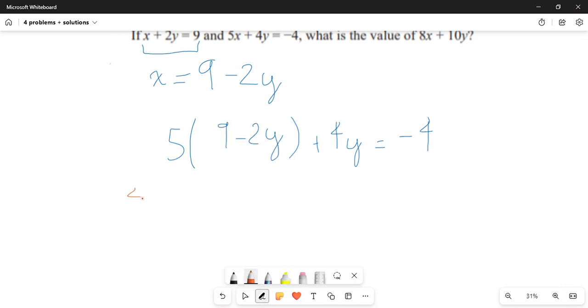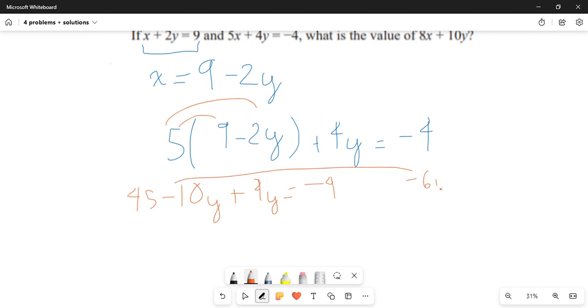So then this would be 45, because 5 times 9, and then you have to distribute to this one. So minus 10y plus 4y equals negative 4. And then negative 10y plus 4y would be negative 6y. So we still have a 45 equals negative 4.